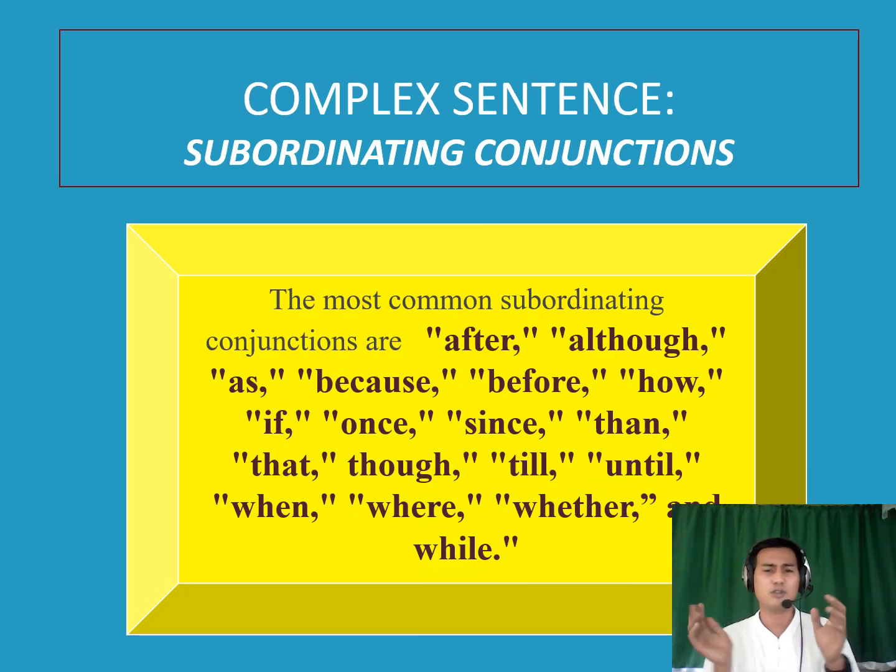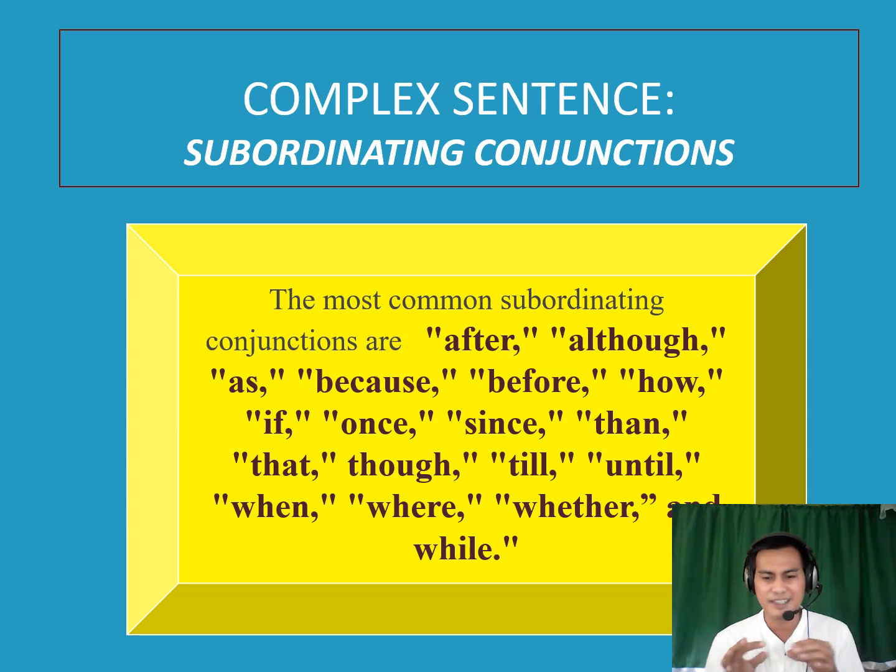Now you don't really need to memorize all this. You just have to know the meaning. Once these subordinating conjunctions are connected close to, or introduce, the clause or the group of words, that part becomes a dependent clause.